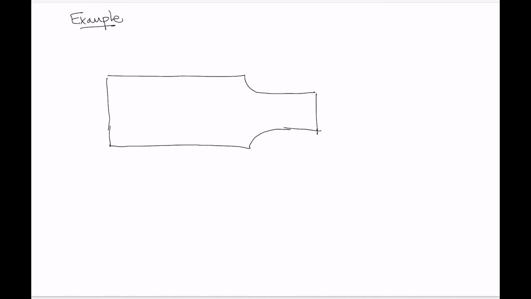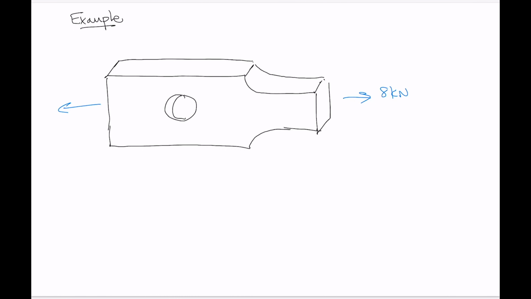Let's bump this out into 3D, and let's put a hole in here, which we'd see on this side, something like that. Let's say that this is experiencing a tensile axial load of 8 kilonewtons, and 8 kilonewtons on that side as well.